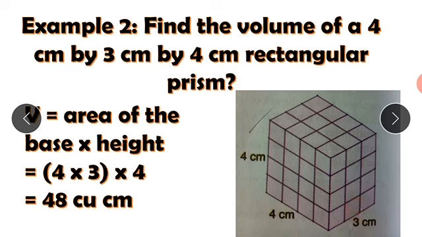So simply multiply the length by the width. 4 times 3 is 12, and that is the area of the base, times height. The height of this rectangular prism is 4. Therefore, 12 times 4, the answer is 48 cubic centimeter.